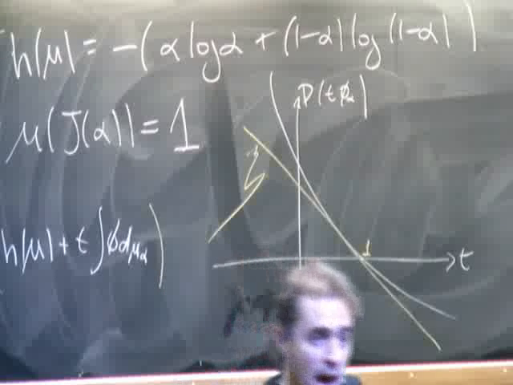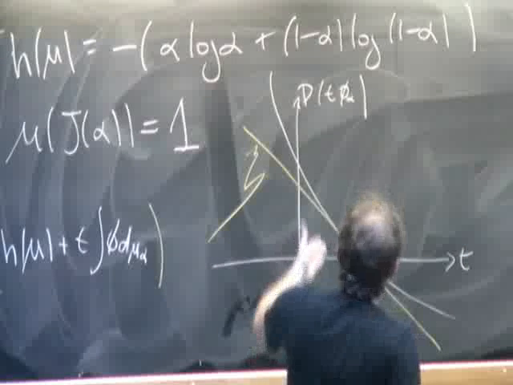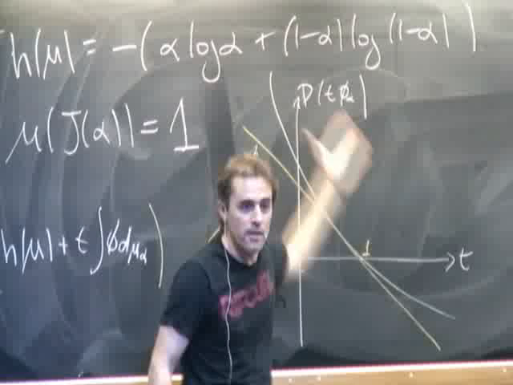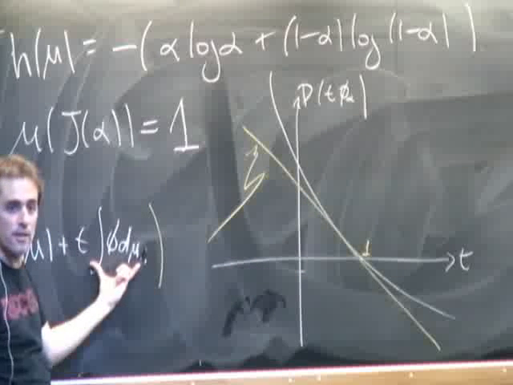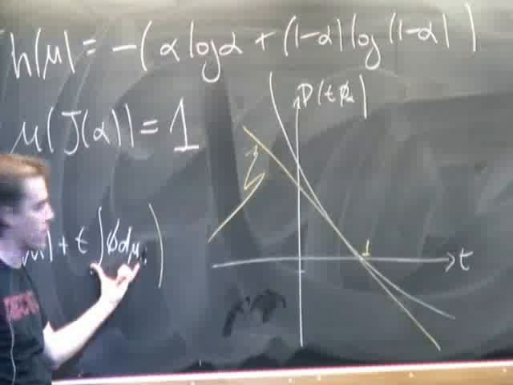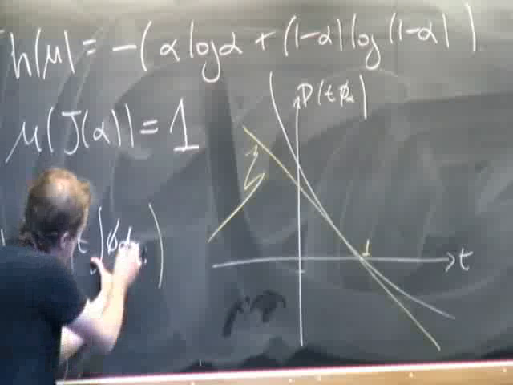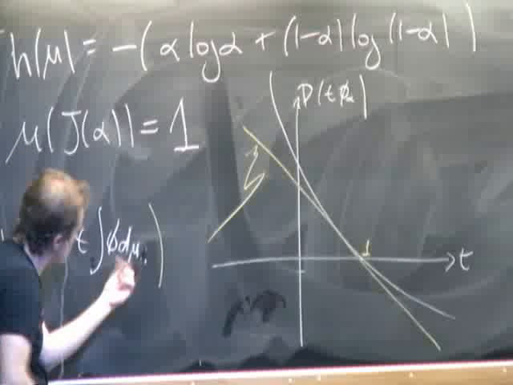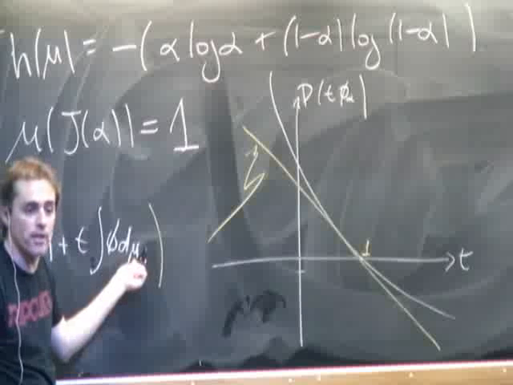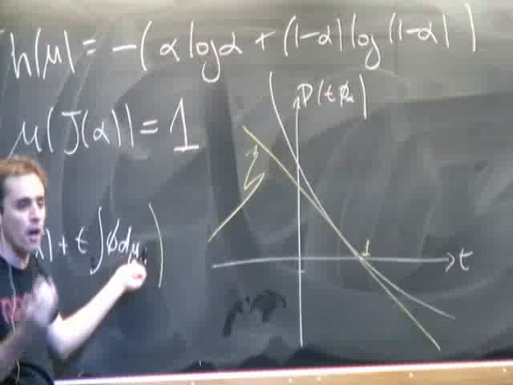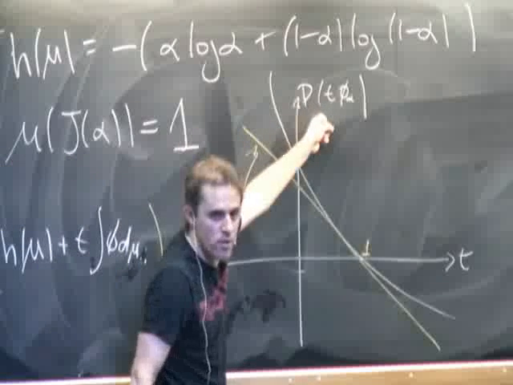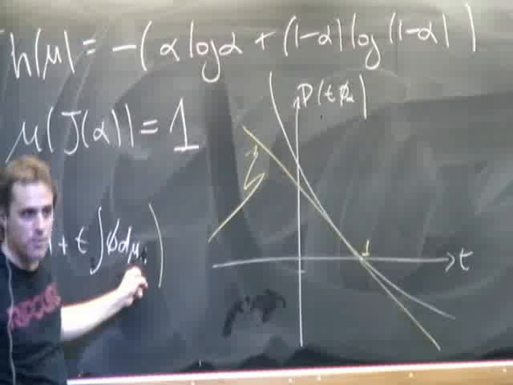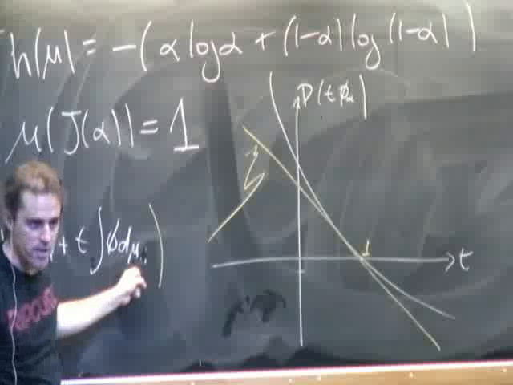Let me point out at least that the derivative of the pressure is related to this here. This is the derivative of the pressure, it's the slope of the tangent, and it's actually related to the equilibrium measure you're considering. So you can think of the derivative of the pressure as, in a sense, the equilibrium state of the potential.